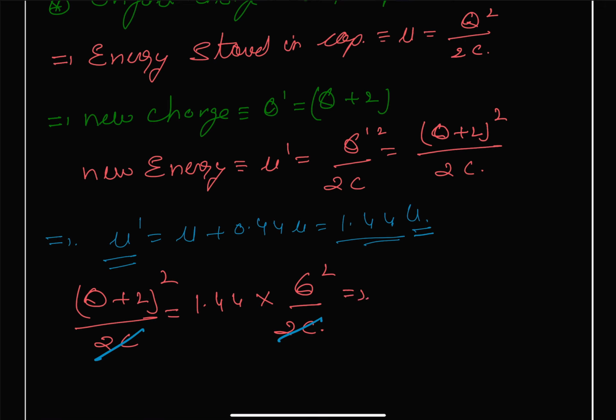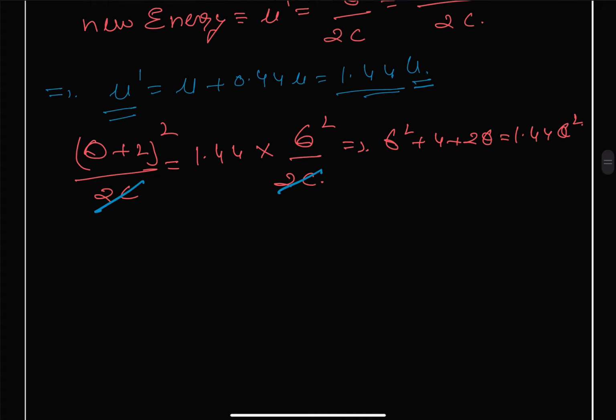Q square plus 4 plus 4Q is equal to 1.44 times Q square. So this will be giving us a quadratic equation, and we have here Q square and Q square. So this comes as 0.44 Q square minus 4Q minus 4 is equal to 0.